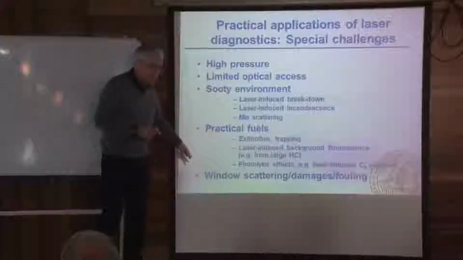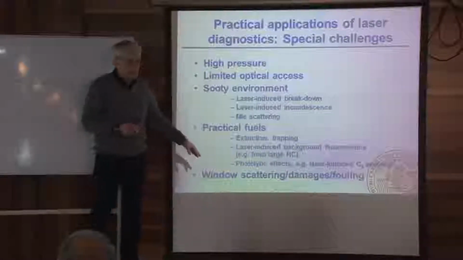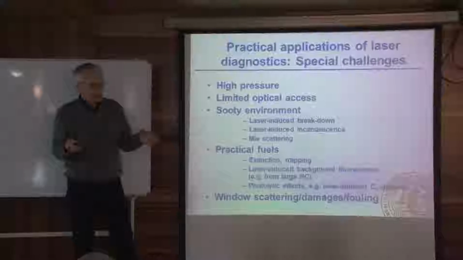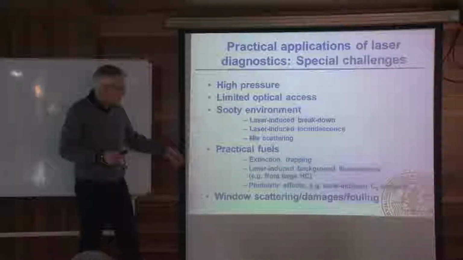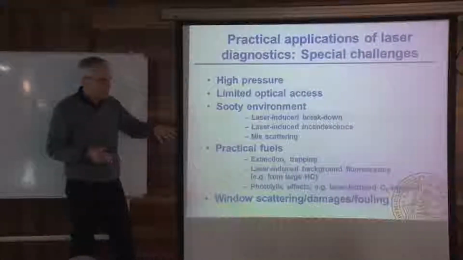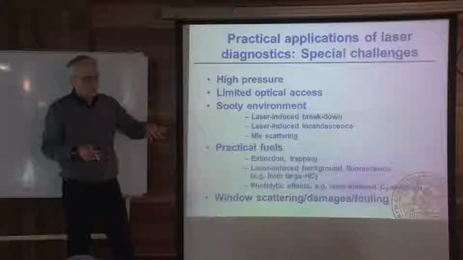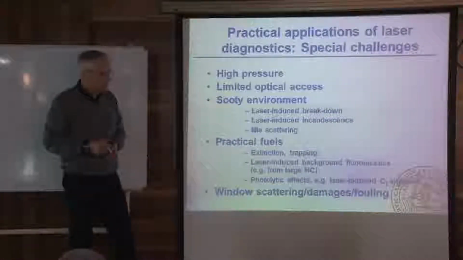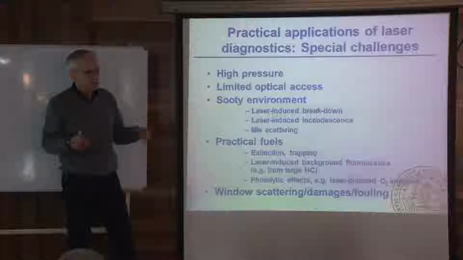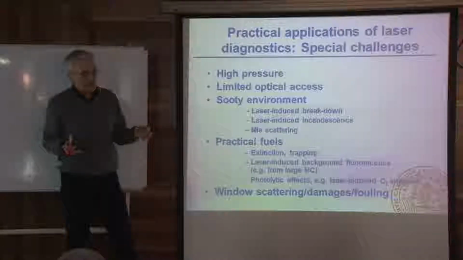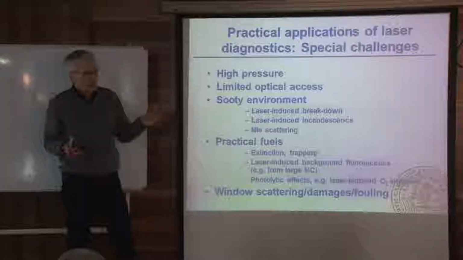And of course, if you have windows, as we have to have, for example, in a diesel engine, and if the fuel or soot gets onto the windows, then we have a problem. In some cases, it might not take more than maybe a minute or so, and then the window is totally black, and the laser beam won't go through a black window.